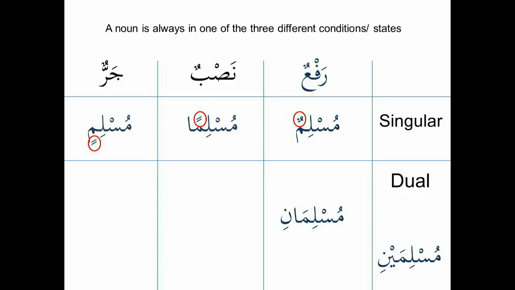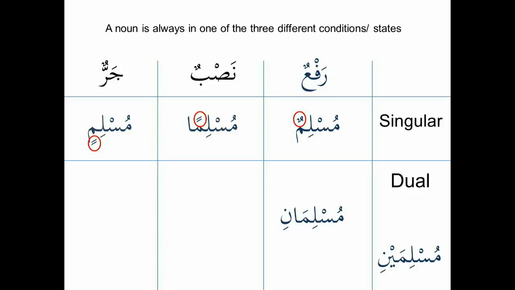The word for two Muslims in raf'un is Muslimani. You with me? If you're not with me, it's okay, just give me a minute, inshallah. Now I want to put the word Muslimani into nasbun. What's going to happen?